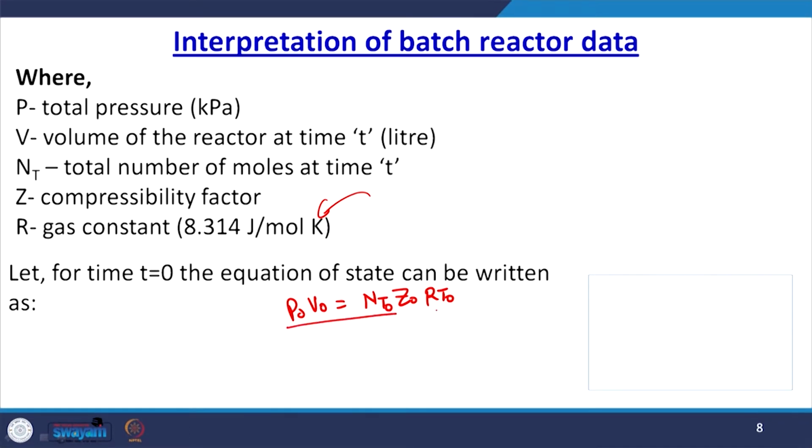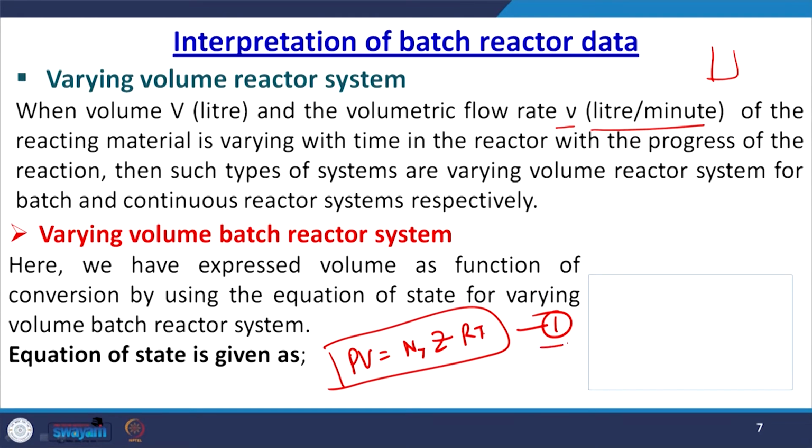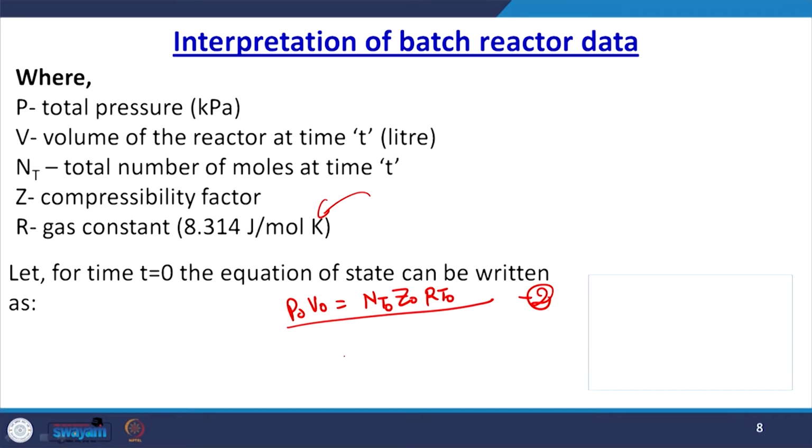So, this naught represents the initial condition. Now, this is my equation number 2, and if you recall, here we represented equation number 1. So, if we divide equation 1 by equation 2, then we may have P V upon P naught V naught is equal to NT Z R T upon NT naught Z naught R T naught.